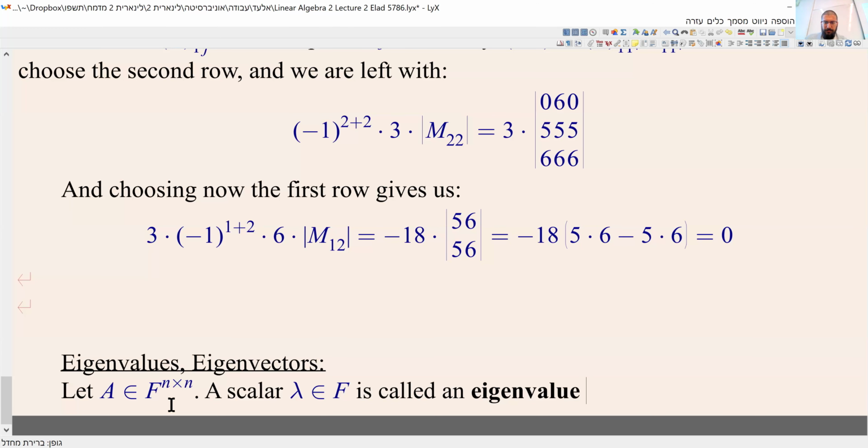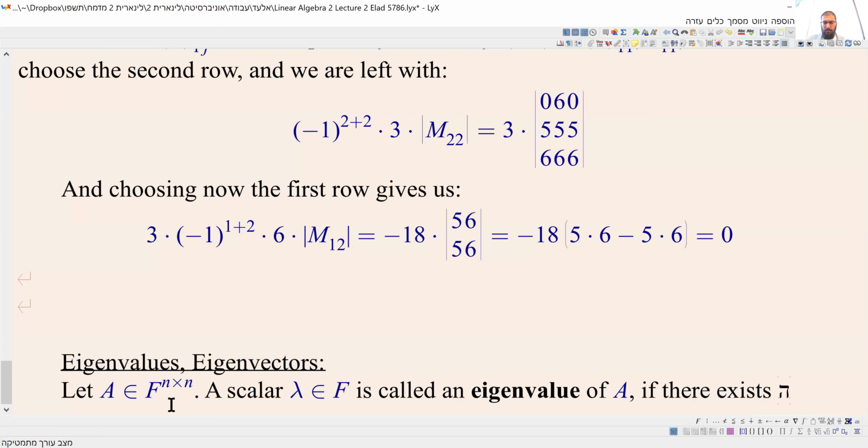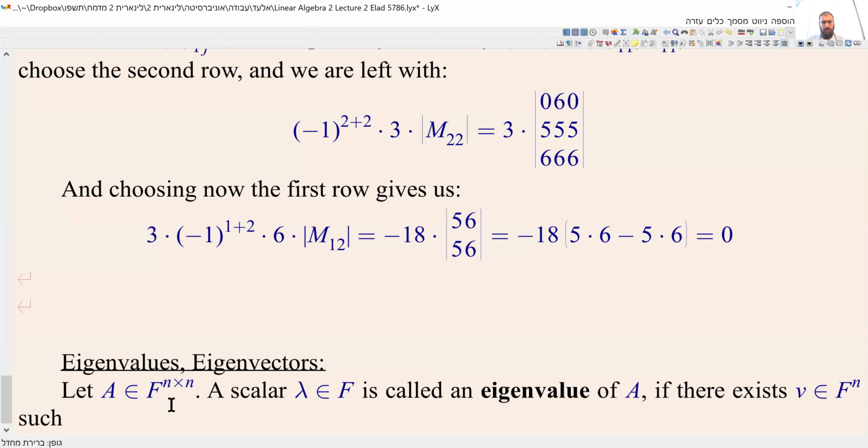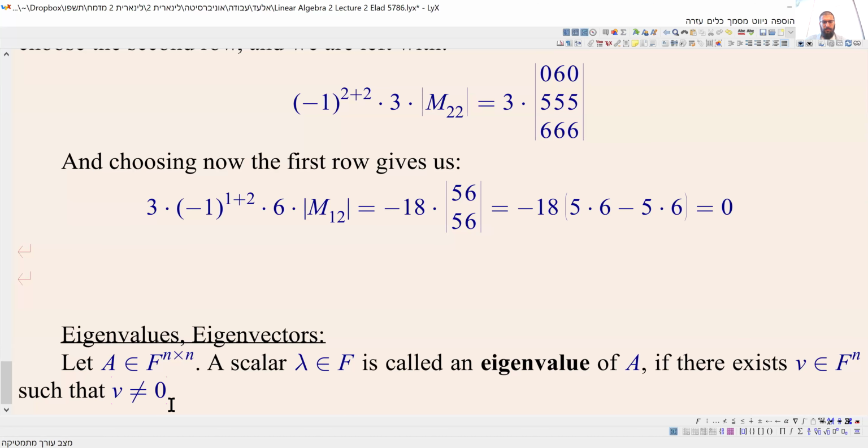It's called an eigenvalue of A if there exists some V in F^n such that V is non-zero and multiplying V by A is the same as multiplying V by the scalar lambda.